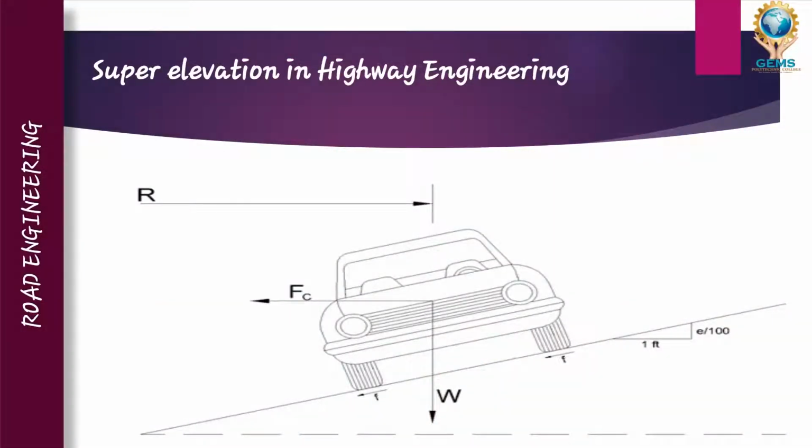As we were talking about super elevation in highway, here we can see the outer edge is raised more than the inner edge. Here is the inner edge, here is the outer edge, and E is represented as super elevation, E by 100, that is 1 in 100.